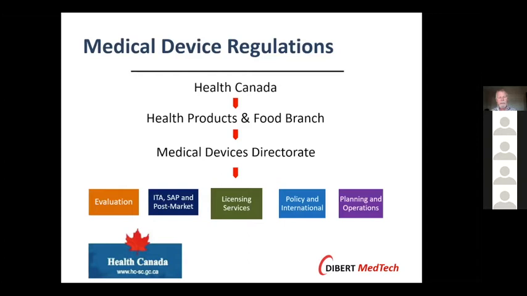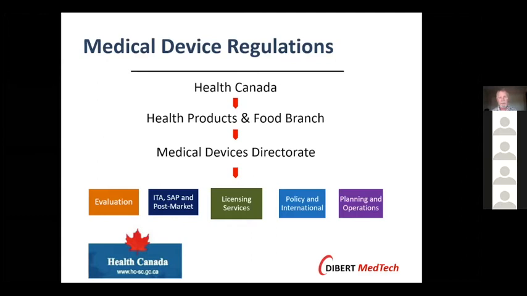It's important to have a basic understanding of the medical device regulations in Canada. So it's under the Food and Drugs Act. Health Canada is responsible for the primary reason of protecting the safety of Canadians. And you've got the Health Products and Food Branch, and then a Medical Devices Directorate. This directorate is relatively new. It was created about a year ago.